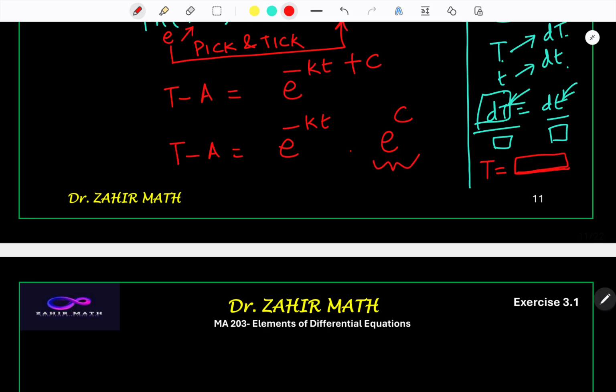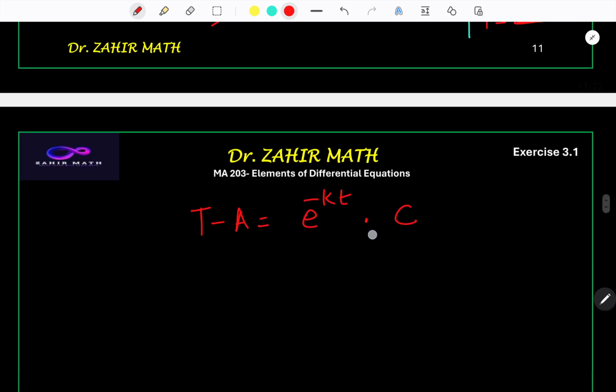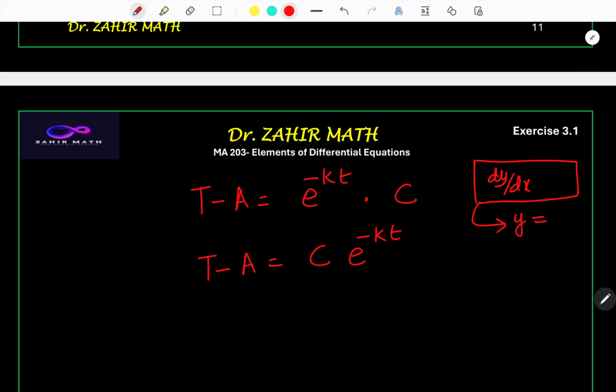You can use c or c dash or b, whatever you like. No, A should not be used because room temperature is A. So T minus A equals c times e power minus kt, with c in the front so that it looks nice. What is my answer? I said for any differential equation dy by dx, your solution will be y equals.